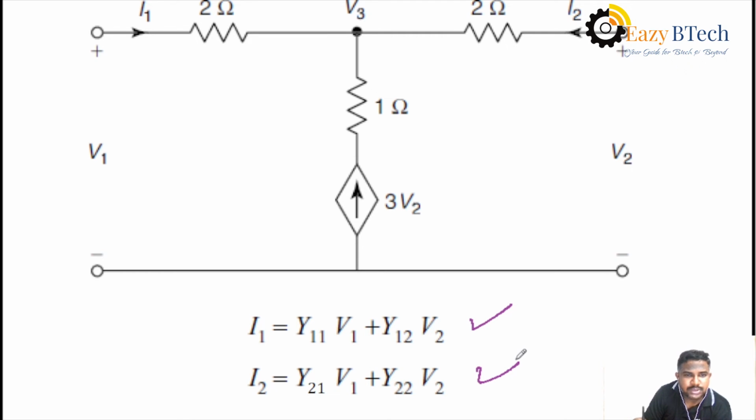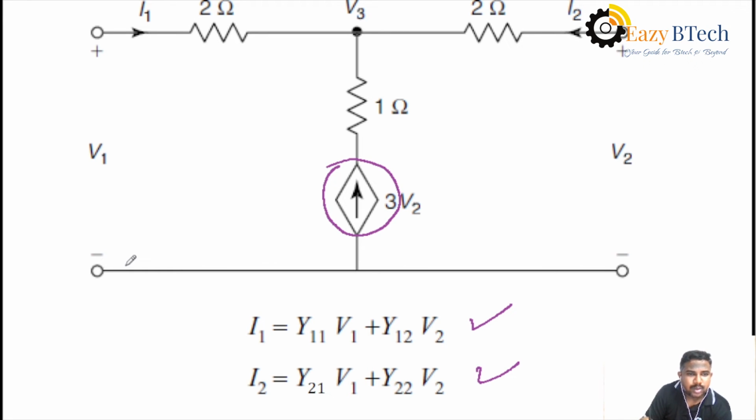Then observe the given circuit. It is a circuit with dependent sources. This is the dependent source. What is the source here? Current source. But that source depends on V2, that is the voltage. That's why the given source is a voltage dependent current source.